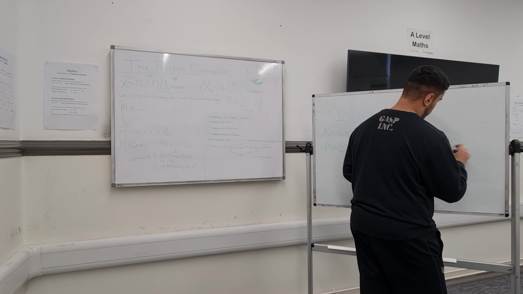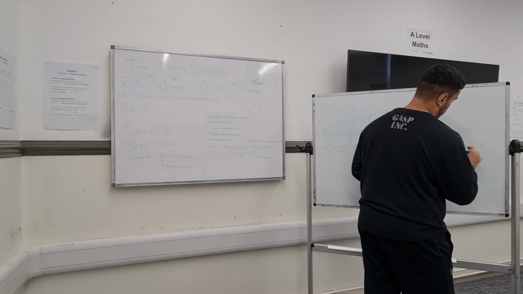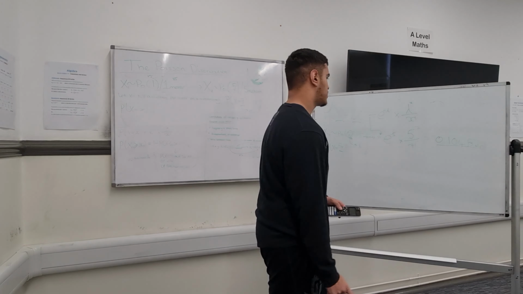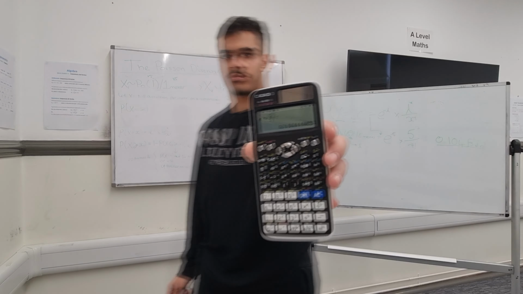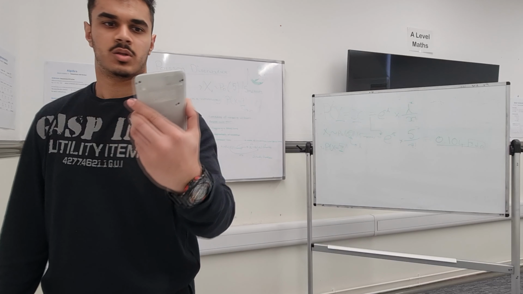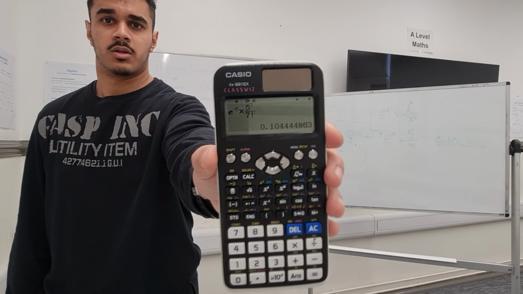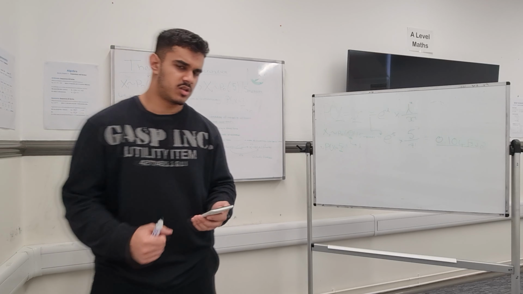Yeah, I guess we can leave it to 3 d.p. There we go. That's to 3 decimal places I calculate from the equation. Yeah, that's correct. I don't know if you can see that. I'm not looking at my camera that much because it's on my phone.